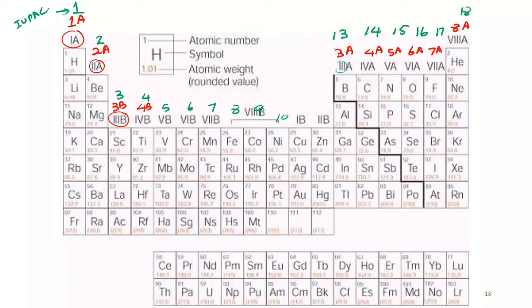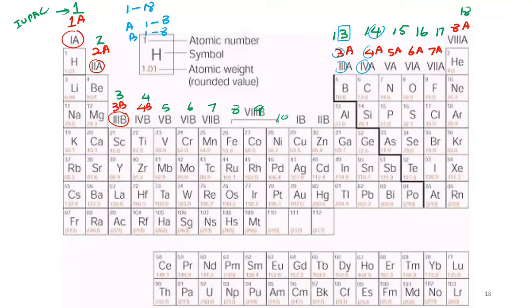Here you see 3, even though it is 13, it still reflects something. So they are not just random things. So even if you learn things in the IUPAC numbering from 1 to 18, or the other numbering method from A 1 to 8, B 1 to 8, you can see that the numbers are perfectly lining up.